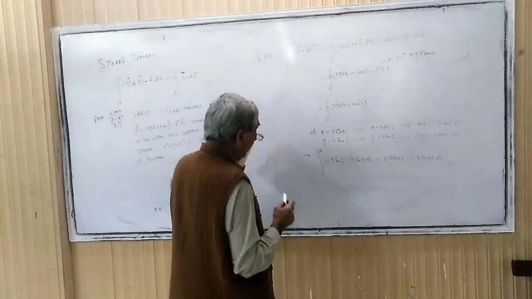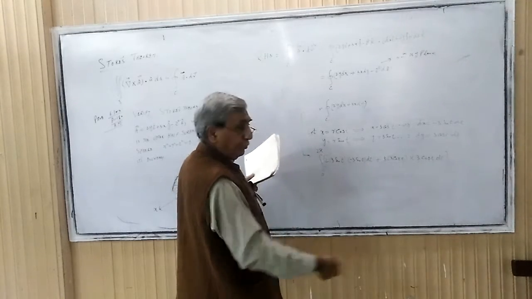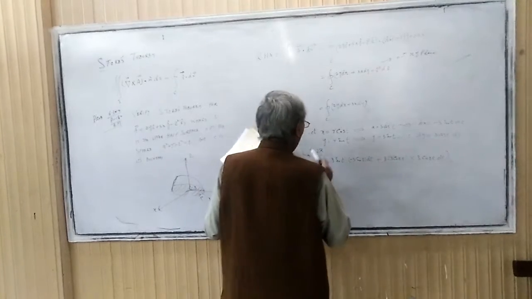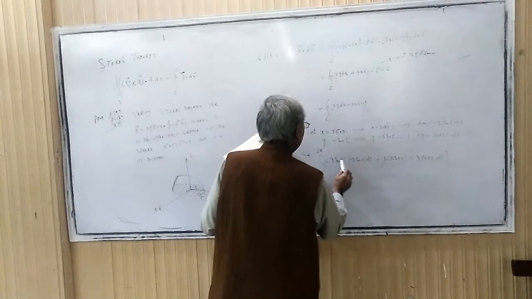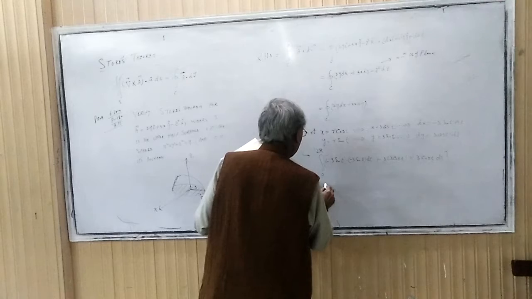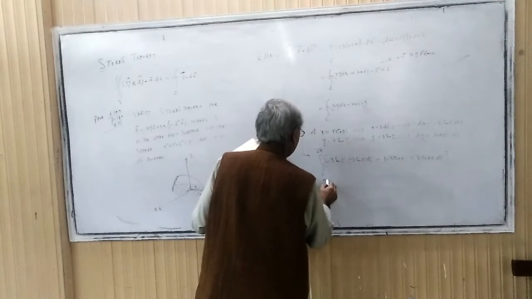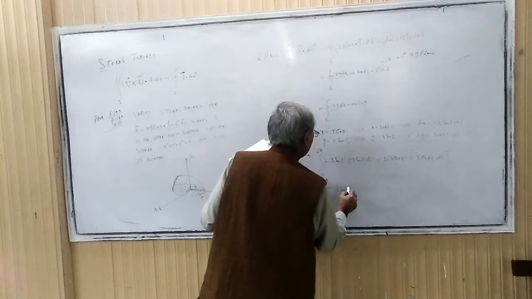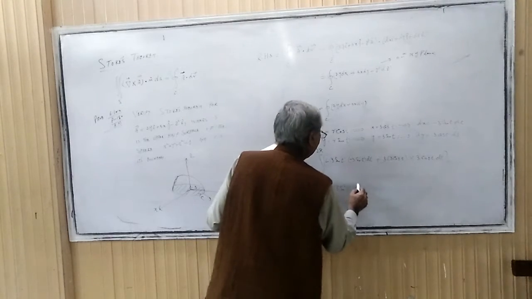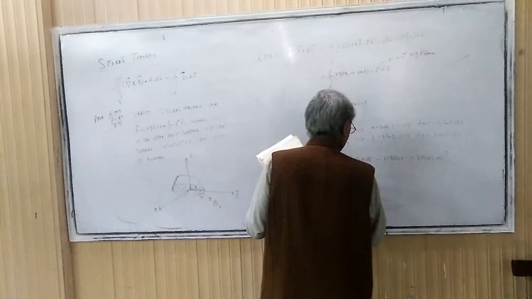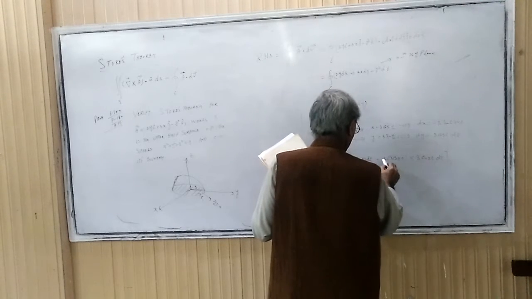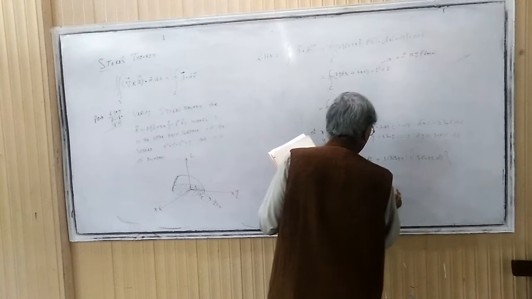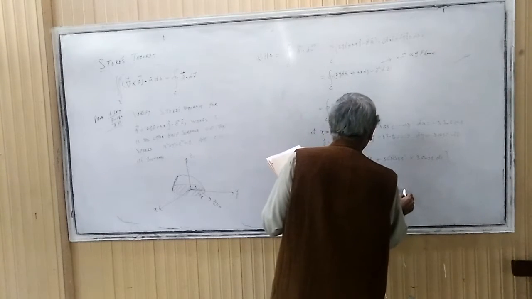So your t is running from 0 to 2 pi because you are moving around a circle, and therefore what I'll get is minus 18 sine square t dt plus 9 into 3, 27 cosine square t dt.